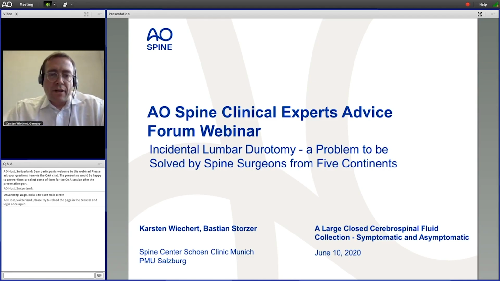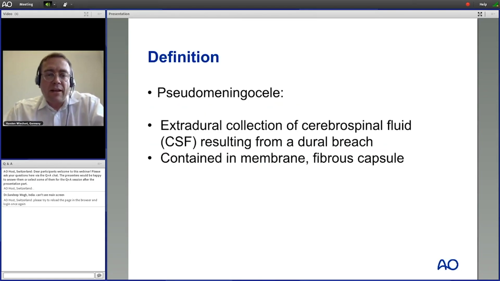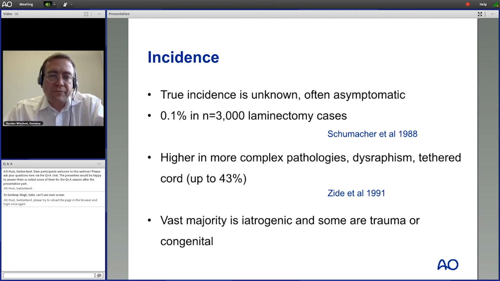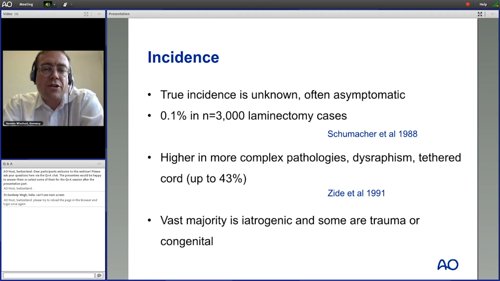Yes, well, thank you. We have 3 minutes left, so I want to keep it very short. The extradural collection of CSF usually is of iatrogenic origin. However, the true incidence is often unknown, and many of these are really asymptomatic, which doesn't make it particularly easy to do good science on that.